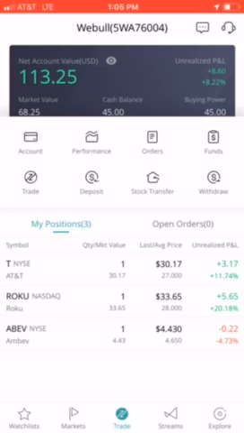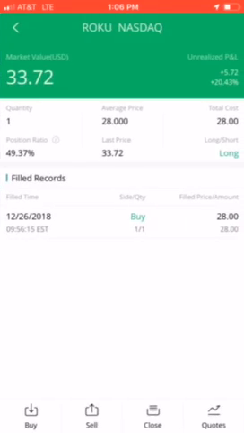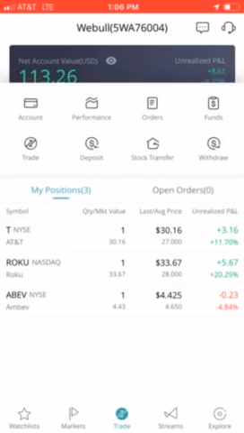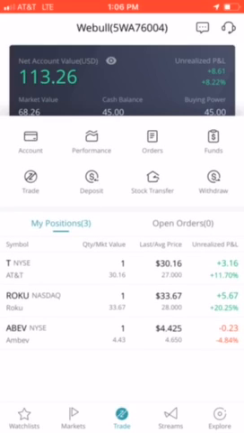You want to buy low and you want to sell high. If you're planning on not selling for the next 5 to 10 years, then you really need to understand how low to wait for. All right, guys. As you can see, I've only spent $27 on AT&T, and I only spent $28 on Roku. So obviously that's not $100, which leaves me some money in my account to wait around for another good purchase, for that great moment when fear takes over the market and people start selling off.